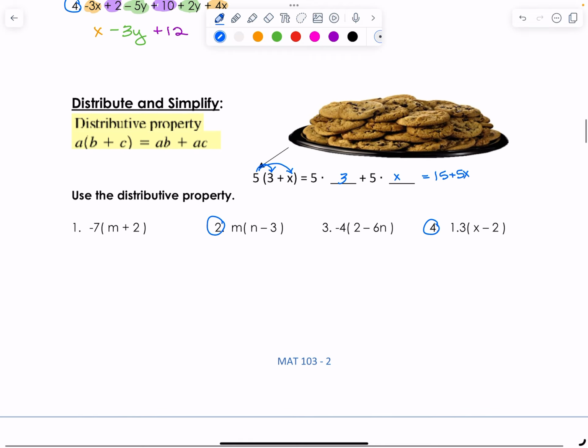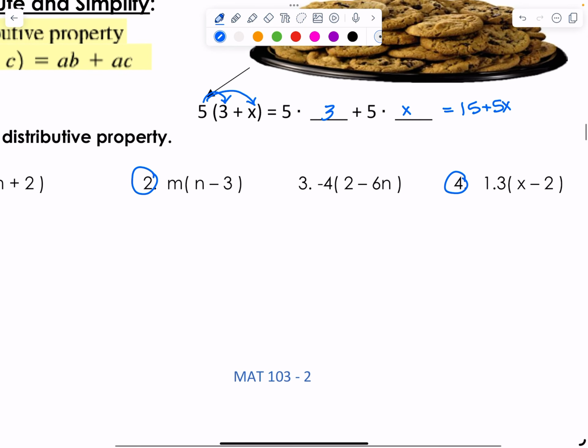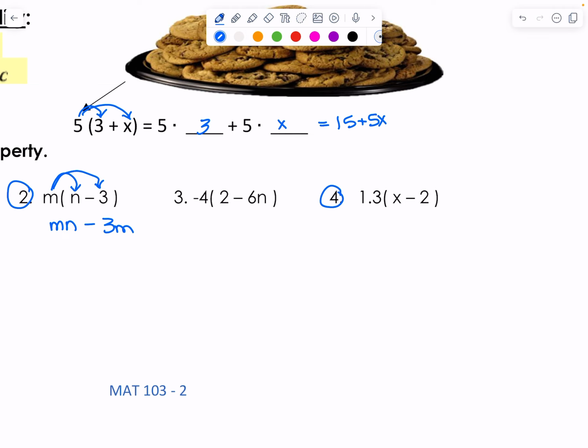All right, so I'm going to work just number 2 and number 4. So number 2, I'm going to distribute my m times quantity n minus 3. So m times n would be just mn, and m times negative 3, that's going to give me minus 3m. Let's skip over to number 4. 1.3 times quantity x minus 2.